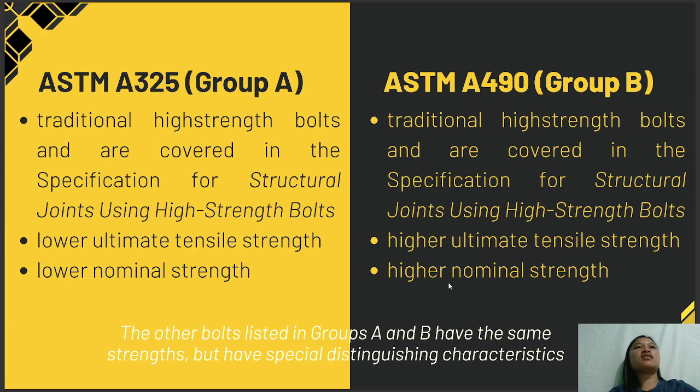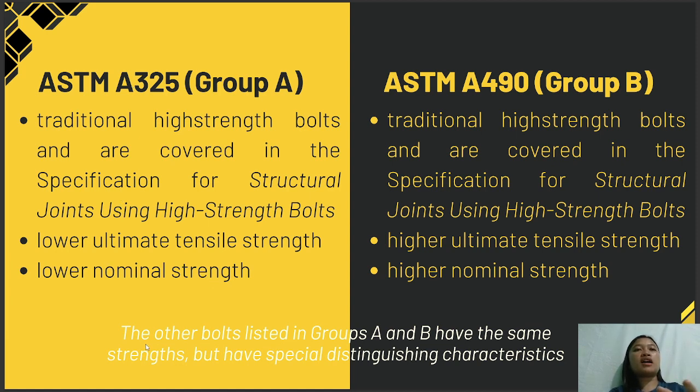For comparison, ASTM A325 from Group A and ASTM A490 from Group B are both traditional high-strength bolts covered in the specification for structural joints using high-strength bolts. However, ASTM A490 has higher ultimate tensile strength and also higher nominal strength when compared to ASTM A325.